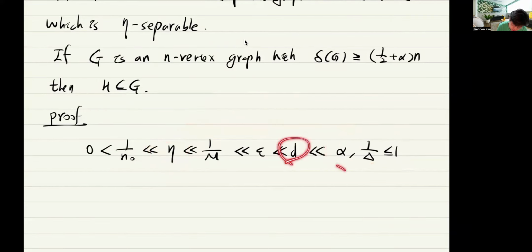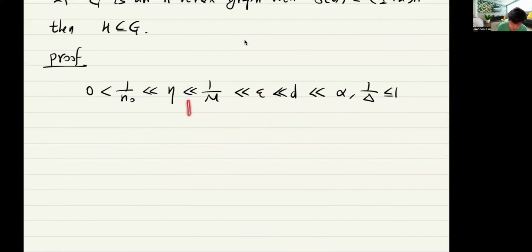This is much smaller than these two, and then alpha and epsilon are much smaller than d, and 1/M is much smaller than epsilon, and then still eta is so much smaller than that, so that this is much smaller than any of that. And these we can actually write down as an explicit function.